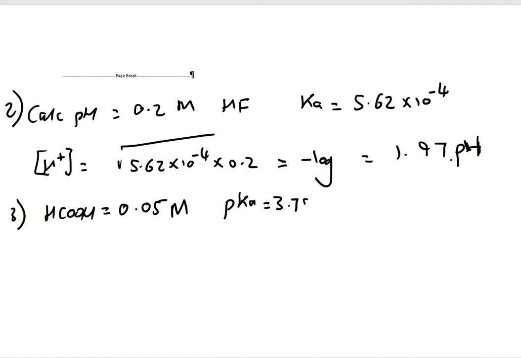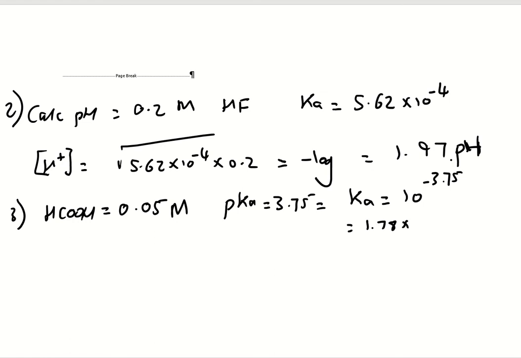So the only difference in this one and the ones that we just did is that we don't get Ka, which we need, so we do Ka equals 10 to the minus pKa. So our Ka comes out at a value of 1.78 times 10 to the minus 4.